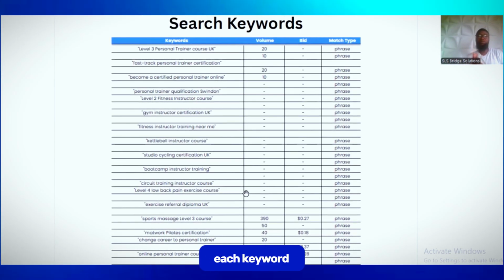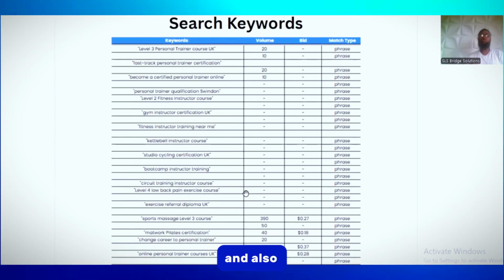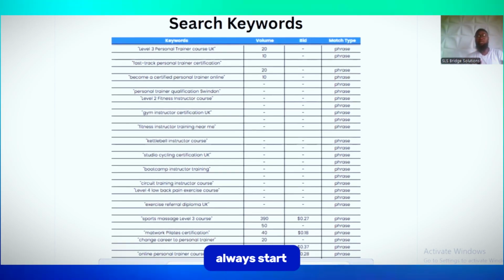Each keyword has a bid that accompanies it, and we also have different match types in Google Ads: phrase match, exact match, and broad match. I prefer to always start my campaigns with phrase match, because you tend not to appear for too many irrelevant searches.